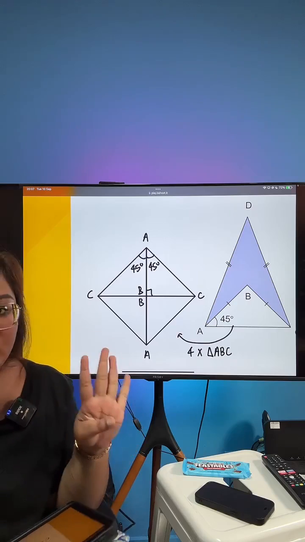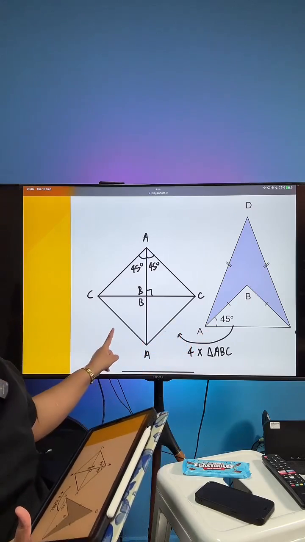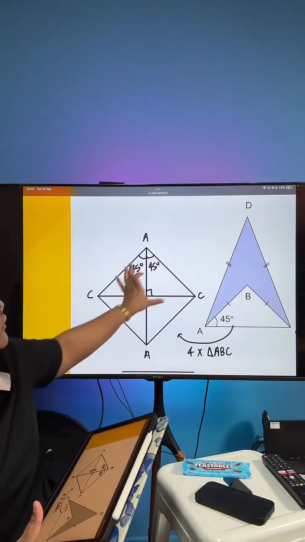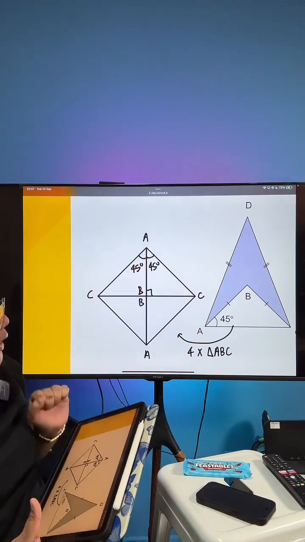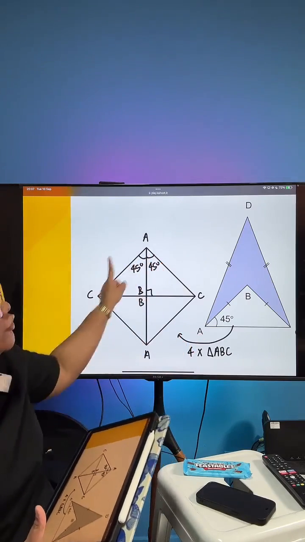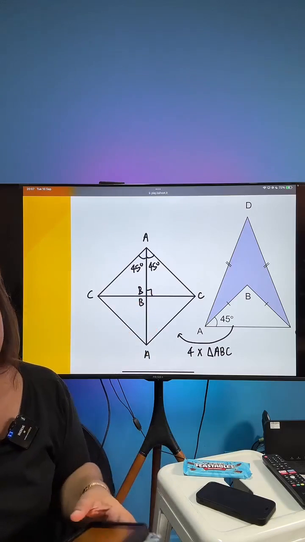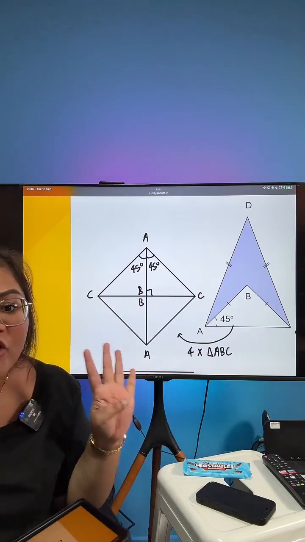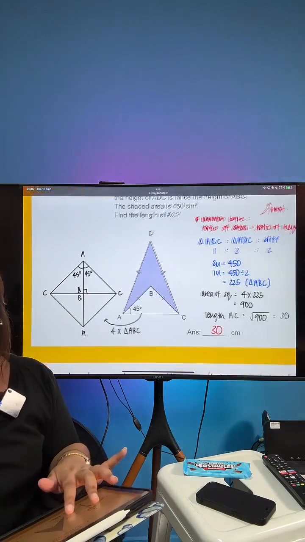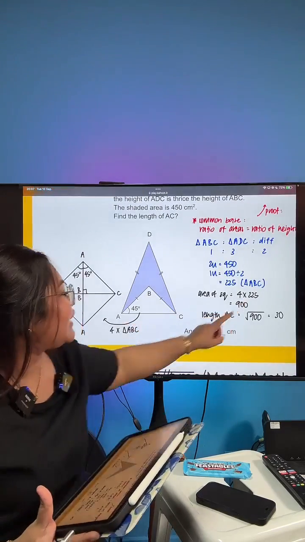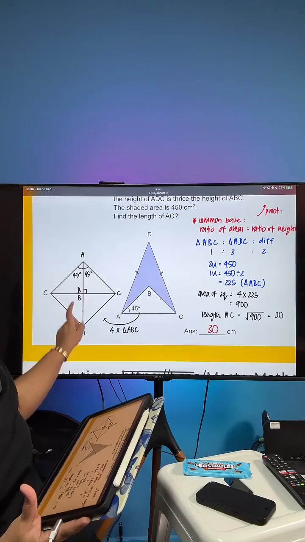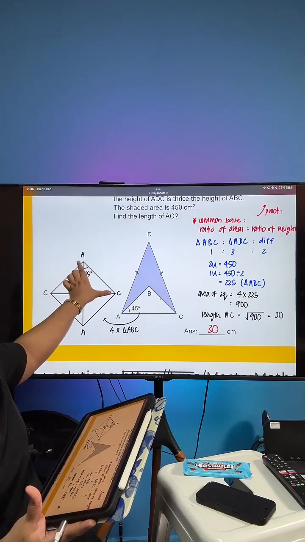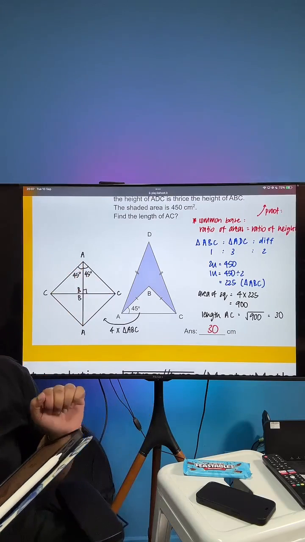If I put 4 of the white ones together, I will get a square. And if I want to find the length of the square, I just have to take the square root. The area of the square is 225 times 4, which is 900. Then, from here, I can find the length, which is 30.